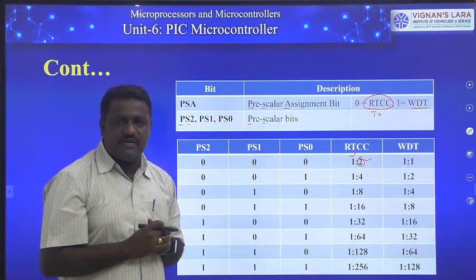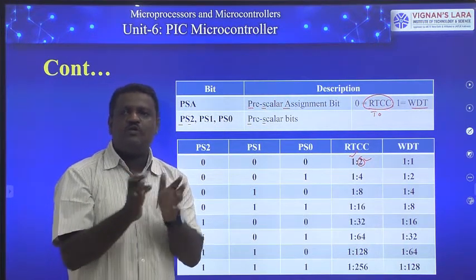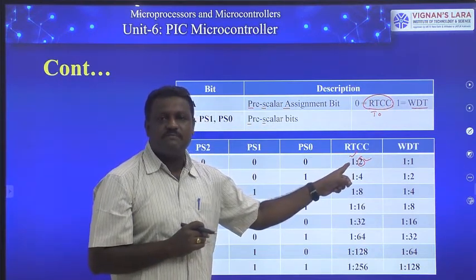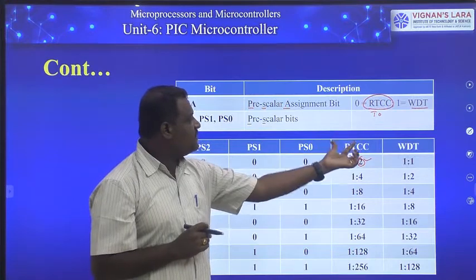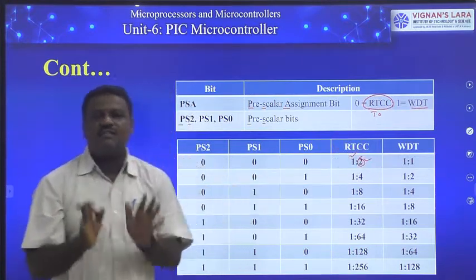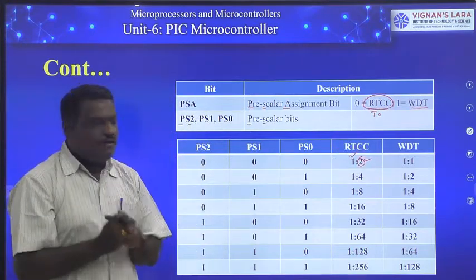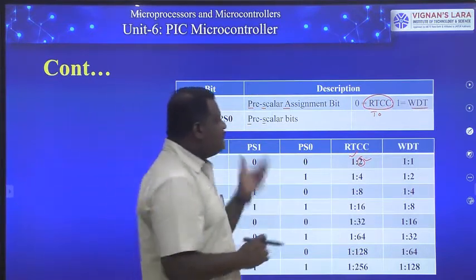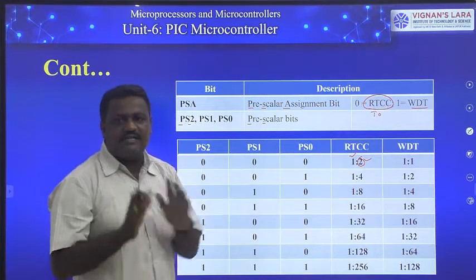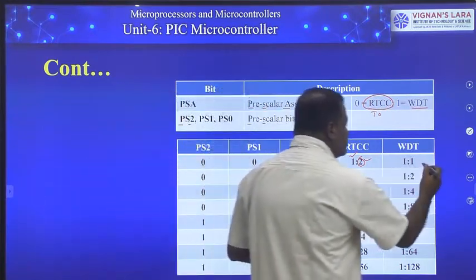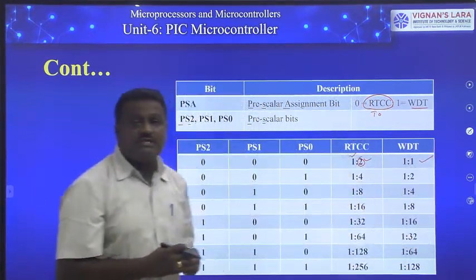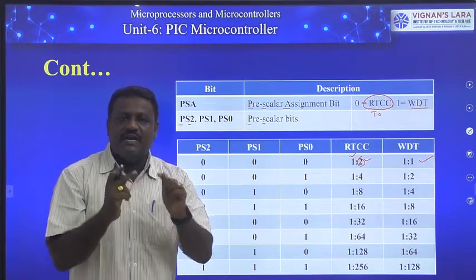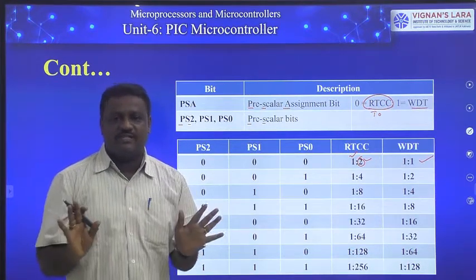I repeat: on receiving every 2 clock pulses, the timer 0 content increments by 1, if I assign the prescaling to RTCC, that is timer 0. For the same combination of PS2, PS1 and PS0, if I select WDT, then the prescaling is 1:1. That means if the Watchdog timer WDT receives 1 clock pulse, its content is incremented by 1.